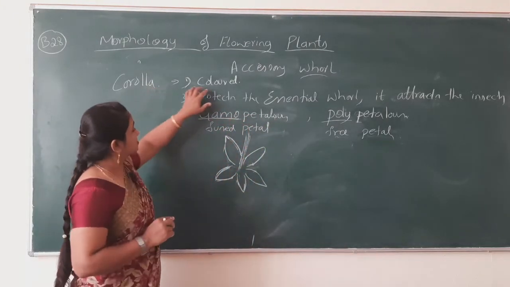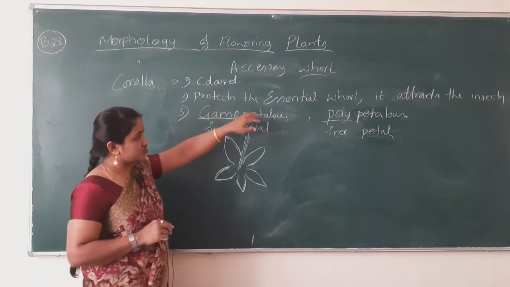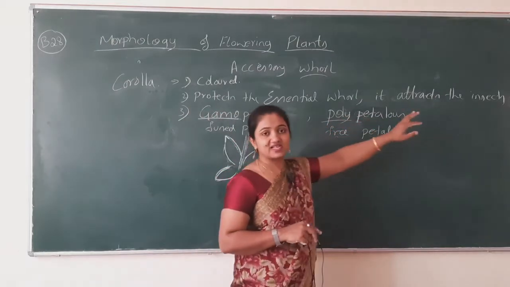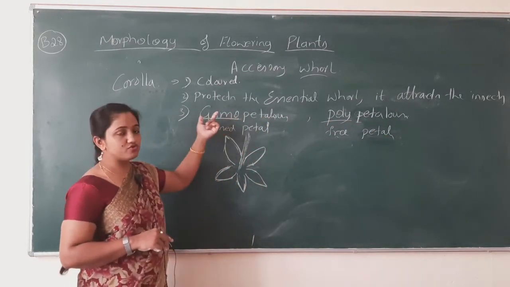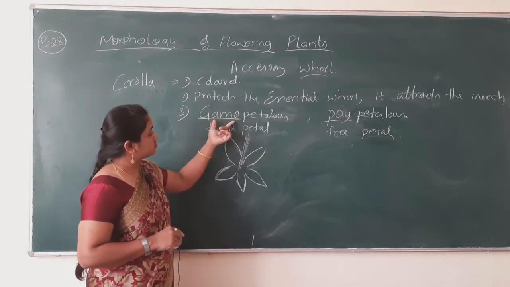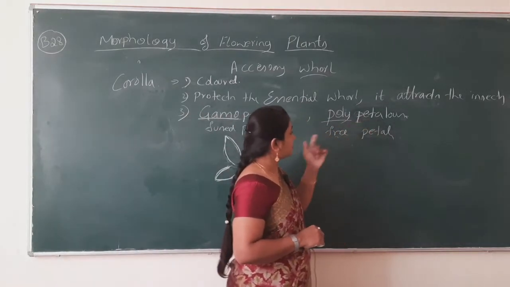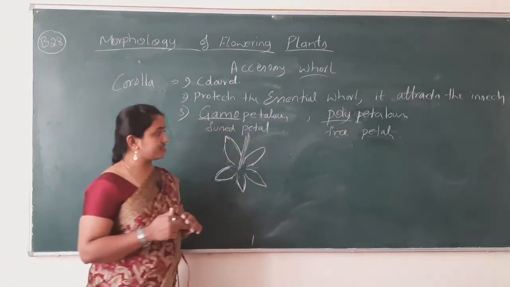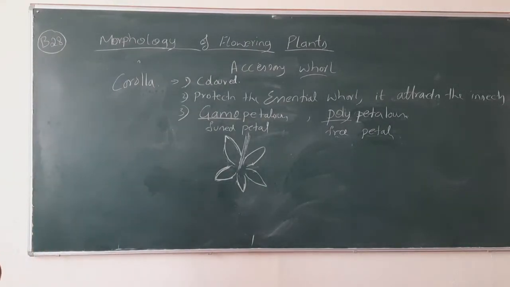The corolla is a colored structure and it protects the essential whorls, it attracts the insects. If the petals are fused with one another, that type of arrangement is known as gamopetalous. If the petals are free in arrangement, that type of petals is known as polypetalous.